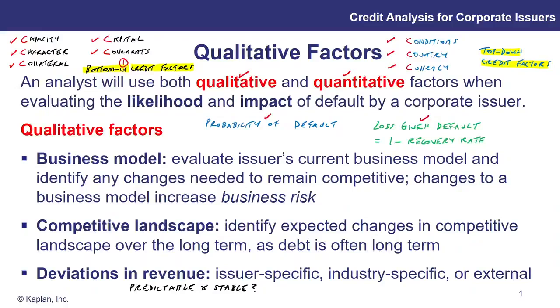So when we talk about the likelihood and impact, much more commonly, we will refer to PD and loss given default. Now, the probability of default will depend an awful lot. Is it going to be investment grade, or is it going to be high yield? Also, of course, meaning that the credit ratings are driving things. Stronger rating, the PD is going to be far lower. Weaker rating, PD is going to be far higher.